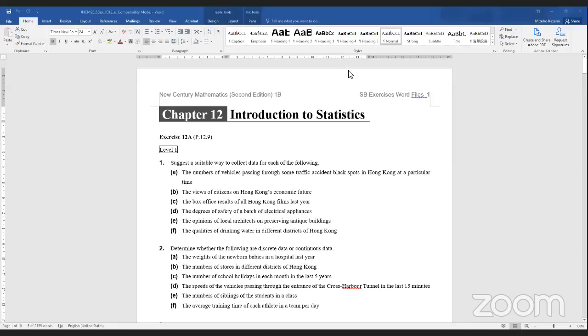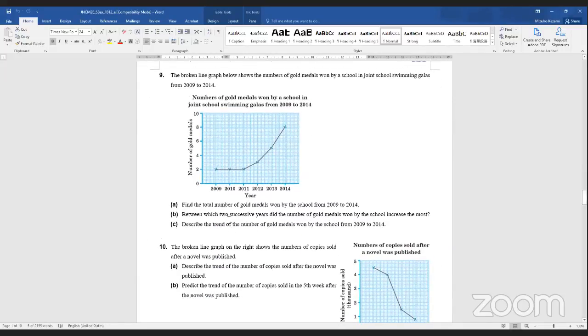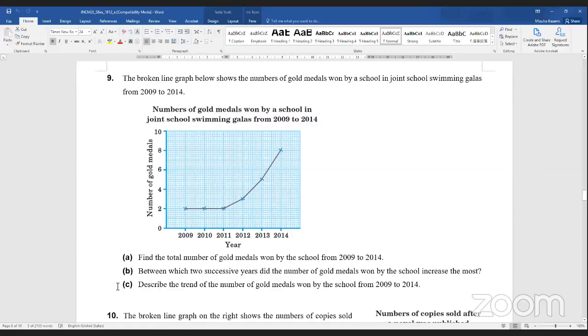Let me see. Where is it? This one, right? Okay, should be this one, right? And then, okay, it's more or less the same.